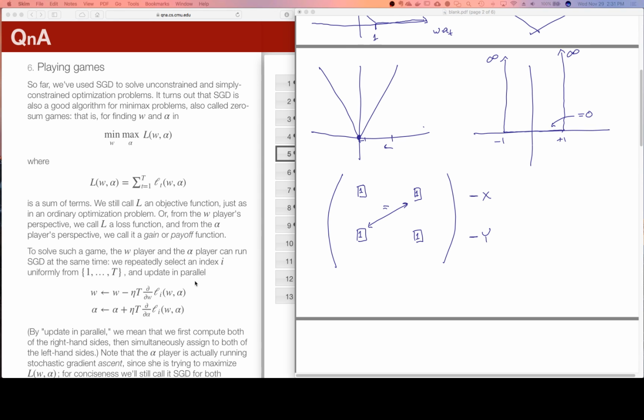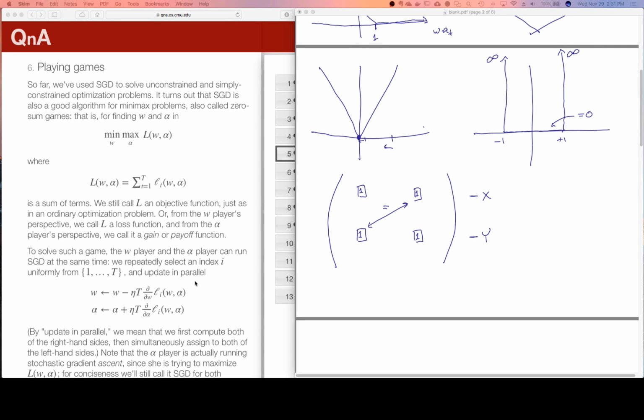And so in order to solve a game like that, it turns out that stochastic gradient descent still works, except that the alpha player, because he's trying to maximize, should be doing stochastic gradient ascent instead of descent. We're just going to say SGD anyway, just with the understanding that the maximizing player is trying to go up and the minimizing player is trying to go down.